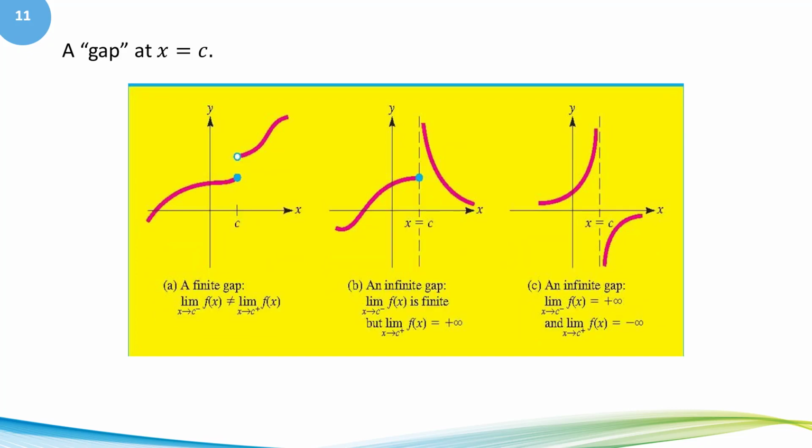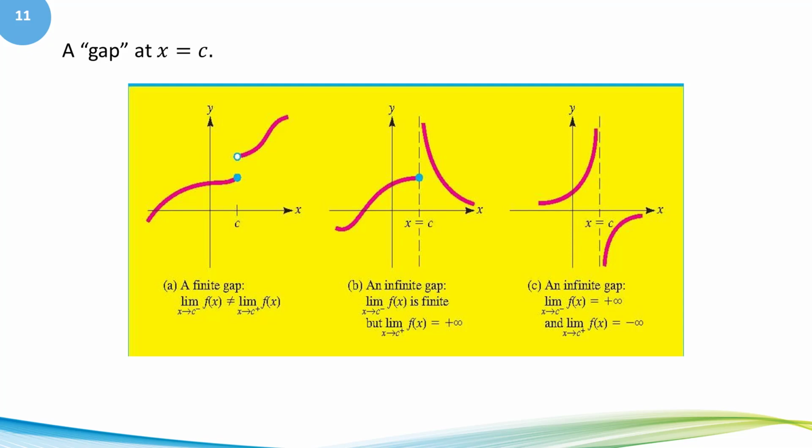Second, we will look at a few gaps at x equals c. There are only two kinds of gaps. The first one is a finite gap, which means both the left limit and right limit are finite, although they are different. The second one is an infinite gap. They can be both infinite or only one of them infinite, but they are still called an infinite gap.